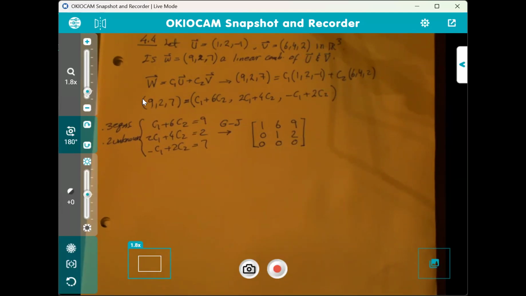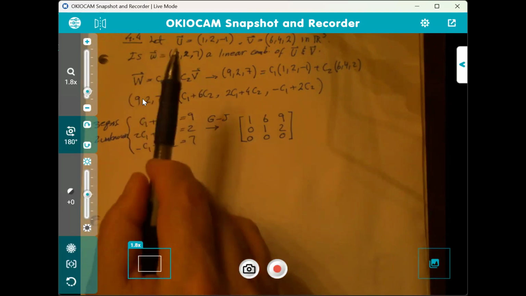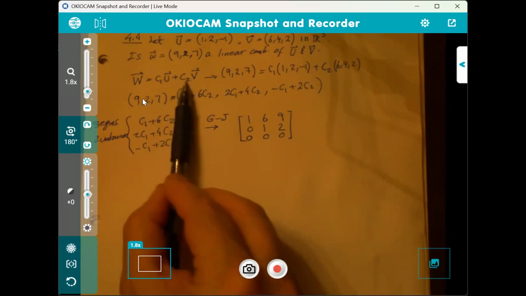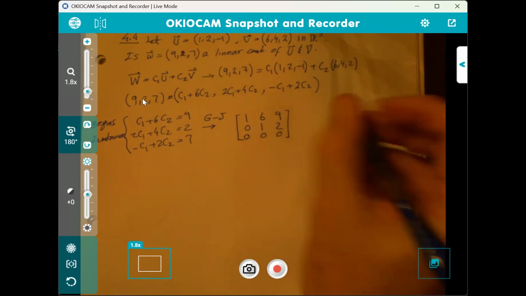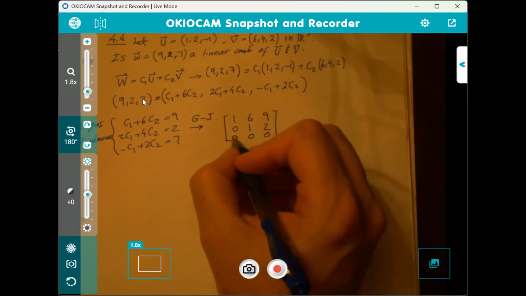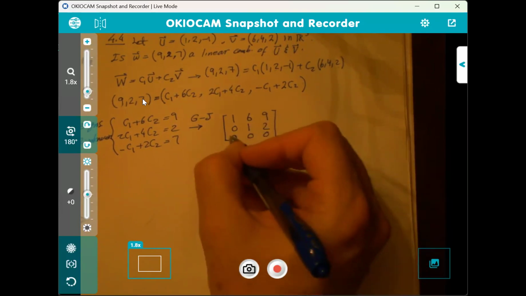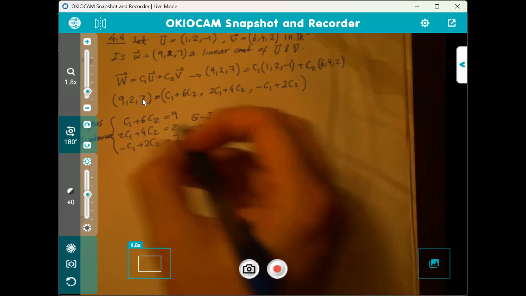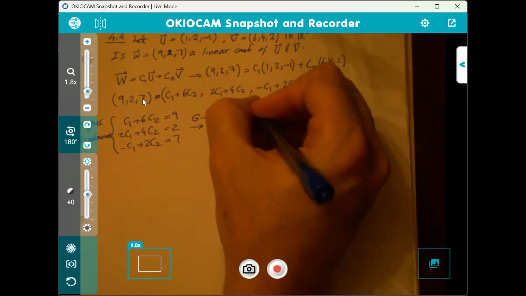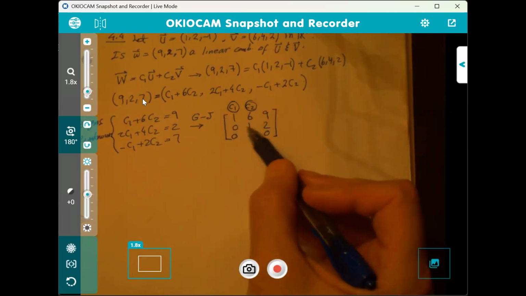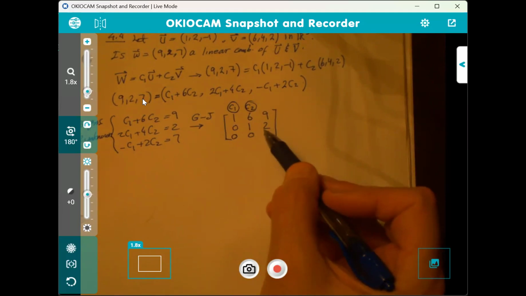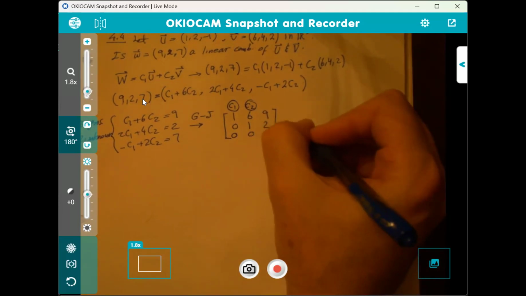Now let's see which specific linear combination of this and this vector gives us w. From the matrix, clearly the last row just says 0, 0, 0, which means you just don't need that equation. You just need these two. Now remember, these are the coefficients on c1 and c2. From the second equation, isn't c2 equal to 2?